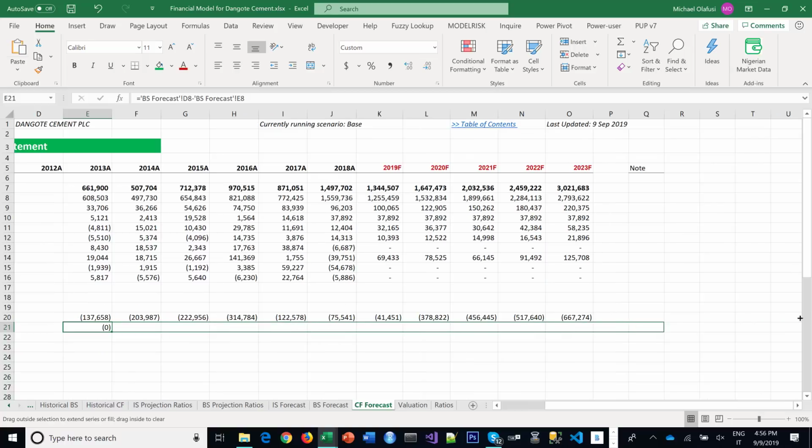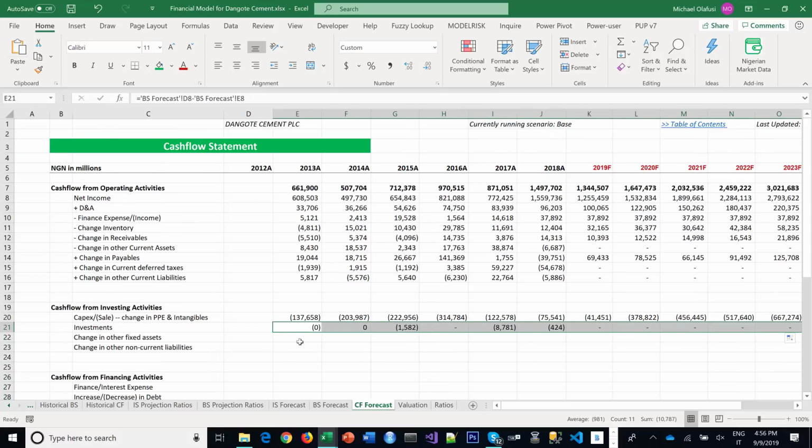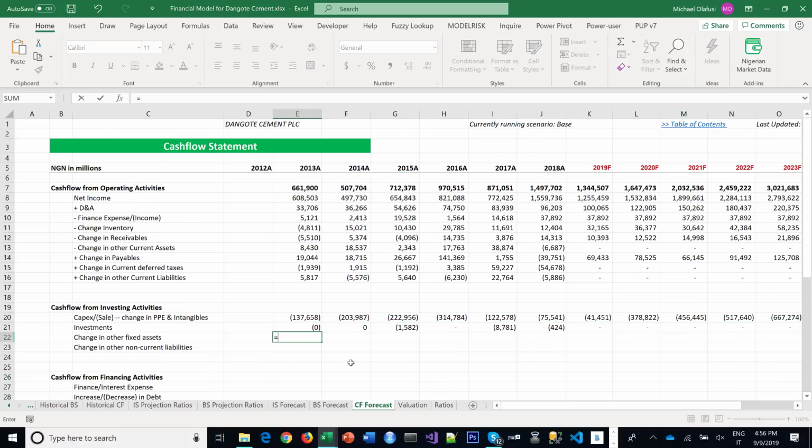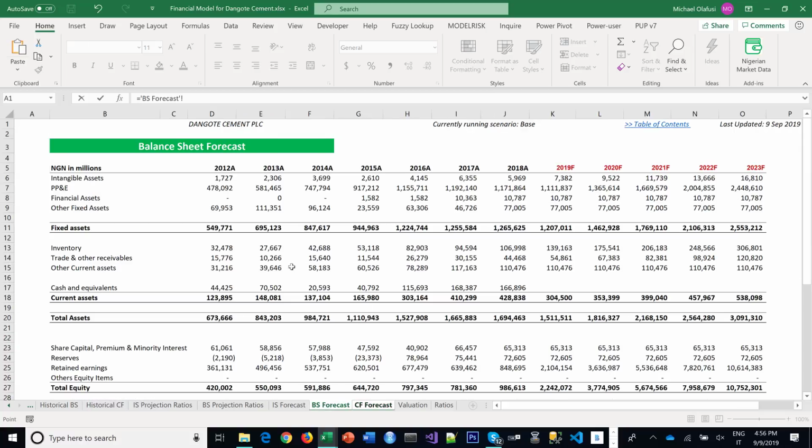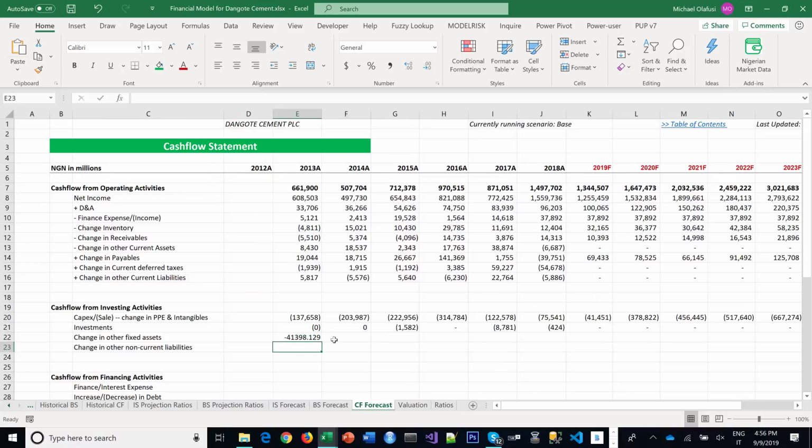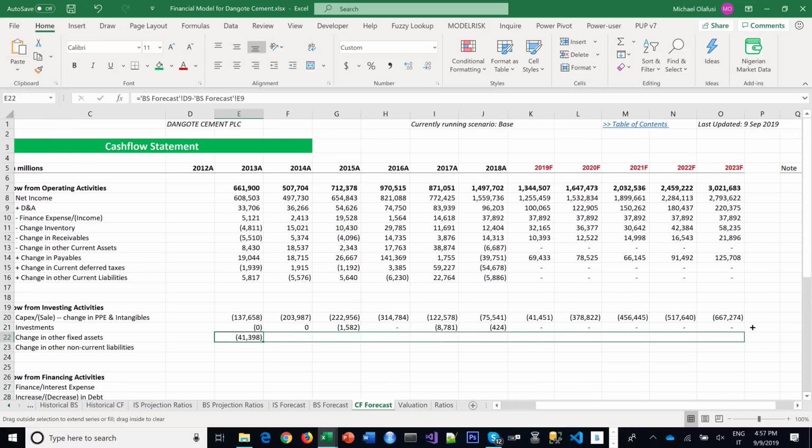So I'm going to drag this into the future. Then other fixed assets too. Other fixed assets last year minus this year. And I drag into the future.